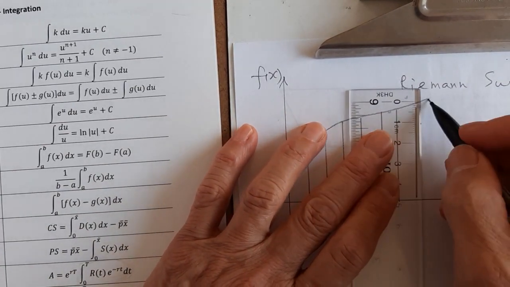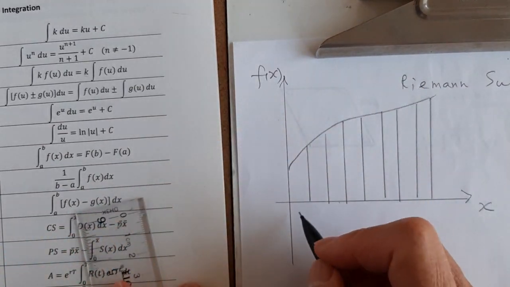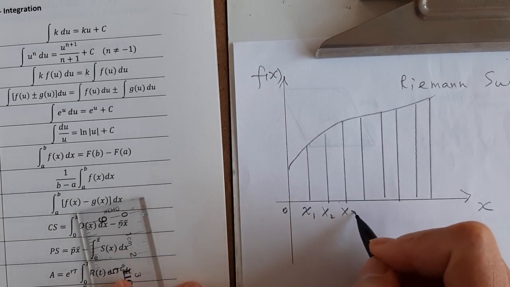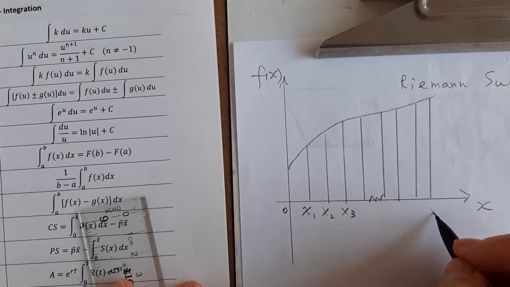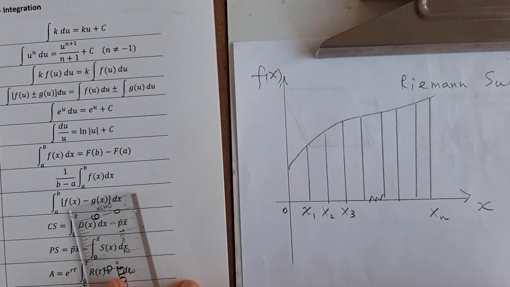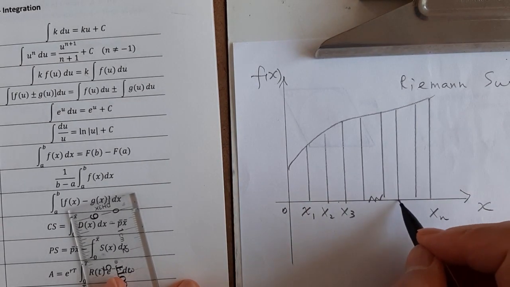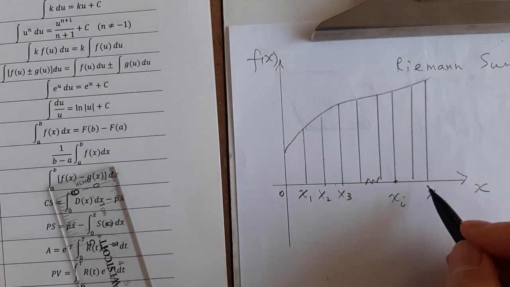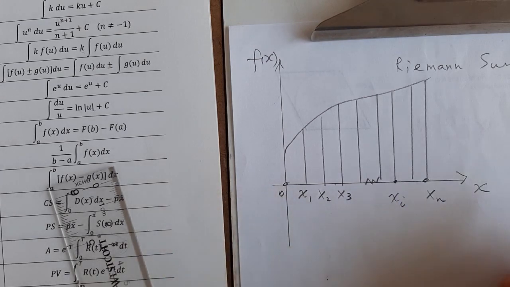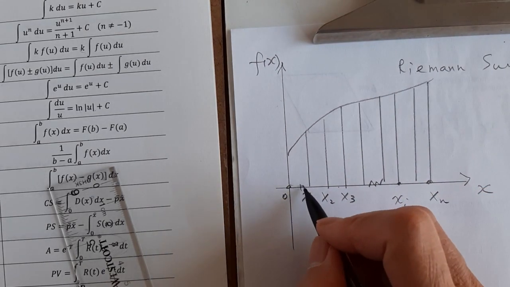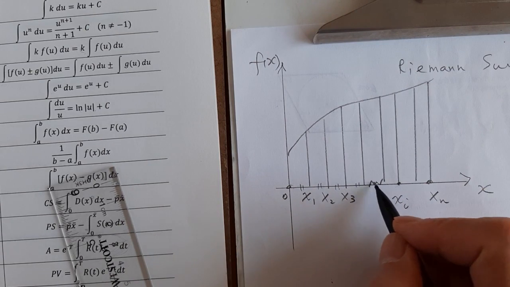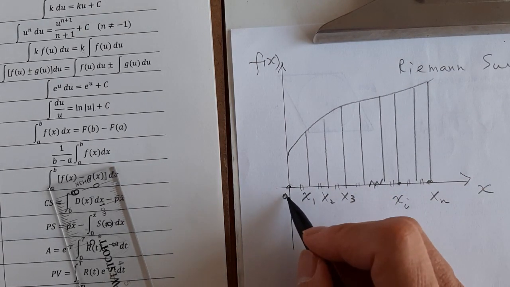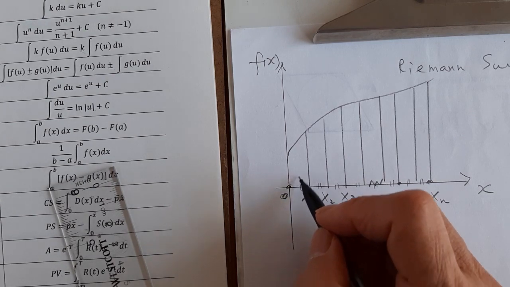Like this is x1, x2, x3, until xn, and here I say this is xi. These are equal intervals.